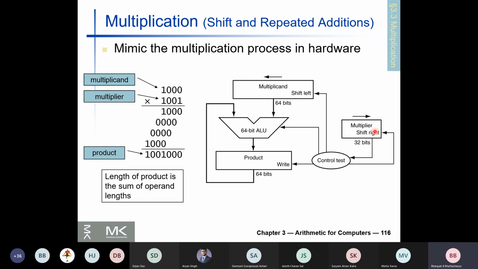So as you can see, this architecture uses a 32-bit register for multiplier, a 64-bit register for multiplicand, a 64-bit register to save the final result, and a 64-bit ALU. And this data flow is obvious, right? So you check here the rightmost bit. If it is 0 or 1, you take appropriate action. And keep on doing this 32 times, and finally the product would be available here.